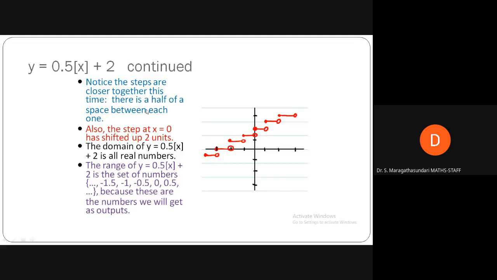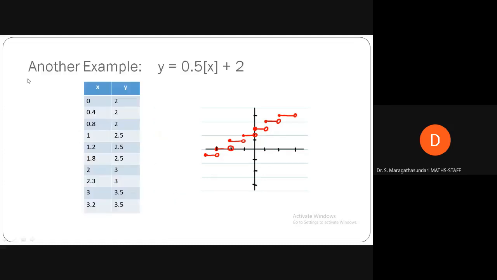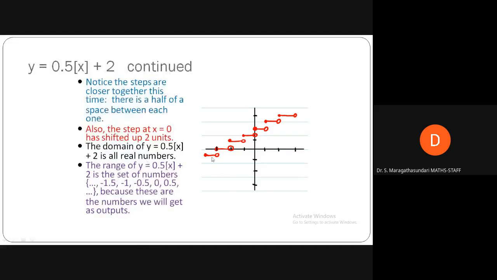There is a half space between each one, that is 0.5. And at x is equal to 0, I shifted up 2 units. So x is equal to 0 means it is shifted 2 units, 0.4 means 2 units, again 0.8, 2 units. So 1 means 2.5 units.